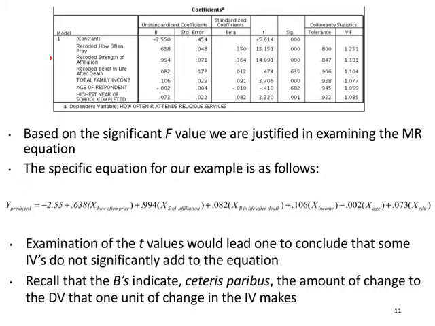We don't have anybody with an age of 0. Our population is all 18 and above, they're all adults, and so 0 is outside of the range of our data.